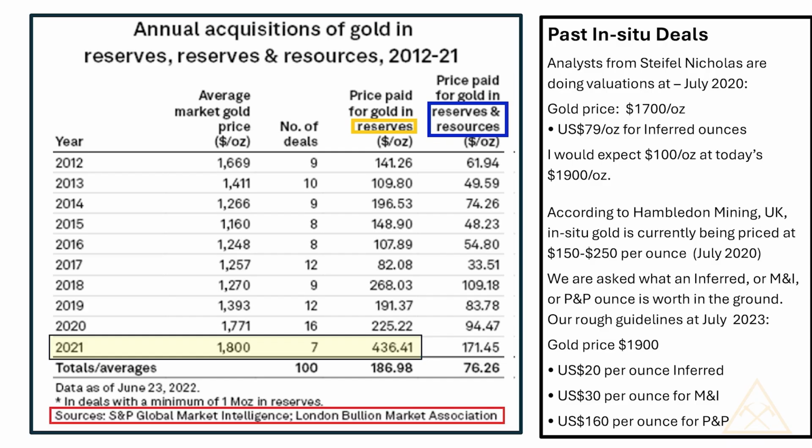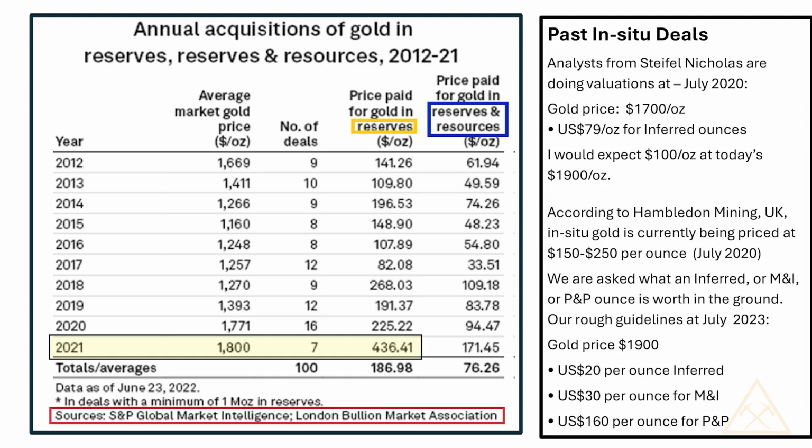We are asked what an inferred or M&I or P&P ounce is worth in the ground. Our rough guidelines in July 2023, with gold at 1900, they were pricing, depending on the quality of the infrastructure, reserves, everything else, a low end of $20 an ounce inferred, $30 for measured and indicated, and then when you stepped up to the PEAs and preliminary feasibility studies, that's where you go into a whole higher confidence category, and you can see that right here.